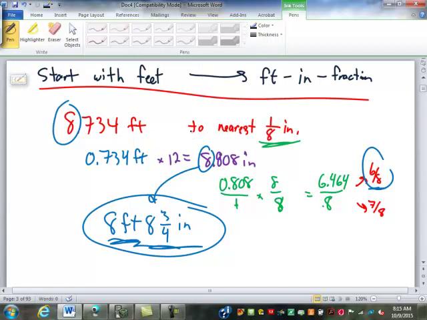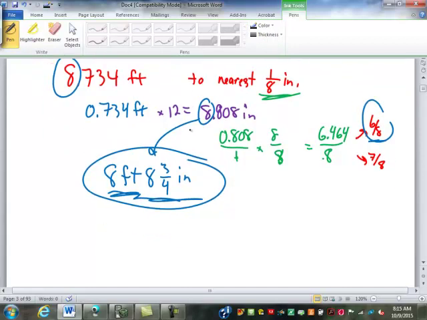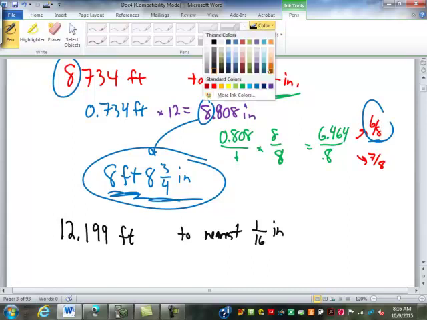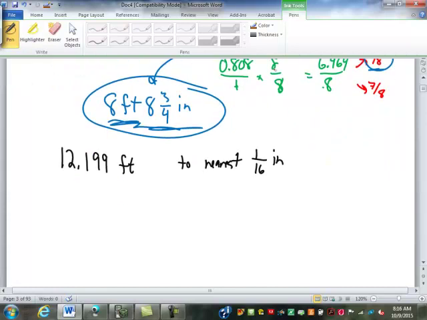Let's do another one. Let's do 12.199 feet to the nearest 16th inch. So I got 12 feet.